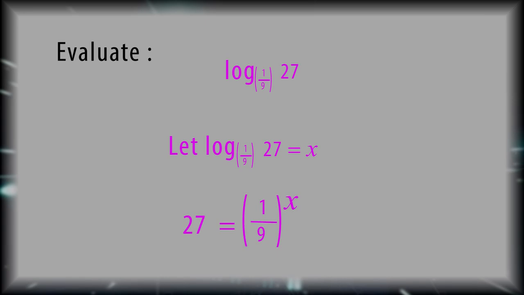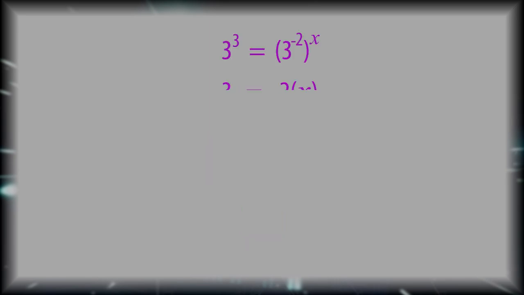Now, to be able to solve this, we will have to write both sides as indices with the same base. So we change 27 to become 3 raised to the power 3. And then we write the other side as 3 raised to the power negative 2 for 1 over 9 first, all to the power x.